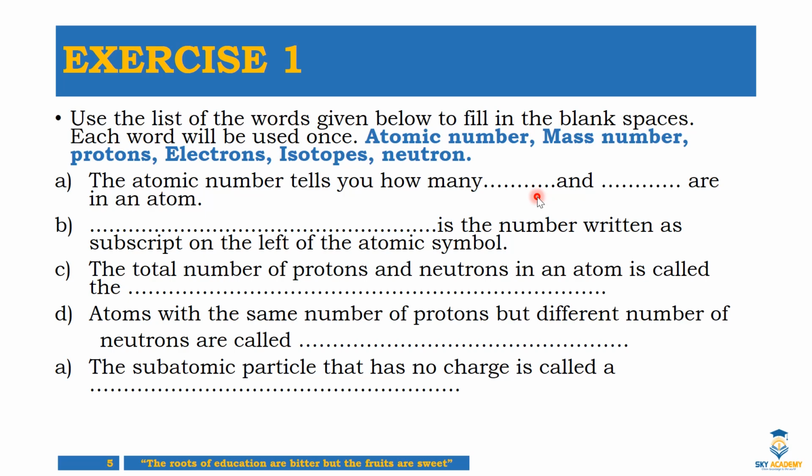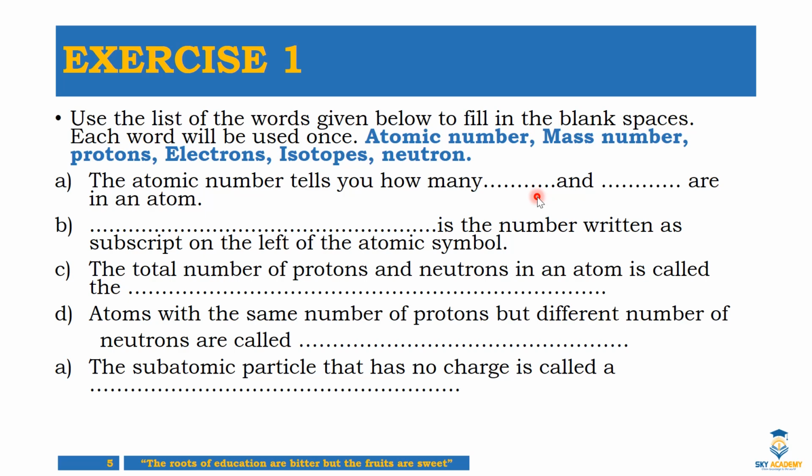There is something I want to tell you here. In an atom, we have seen the atomic structure in the earlier lessons, in the session that passed before. We have seen that in an atom you have protons, neutrons, and electrons.